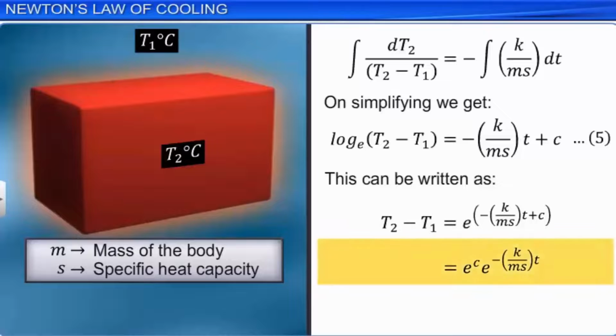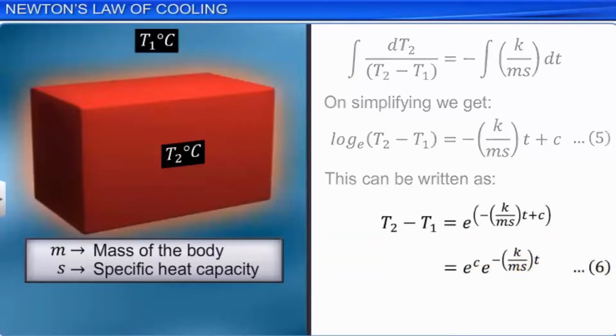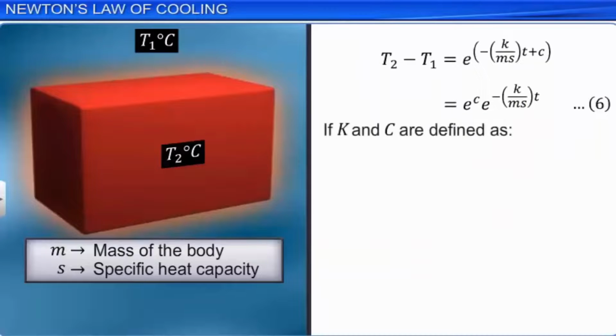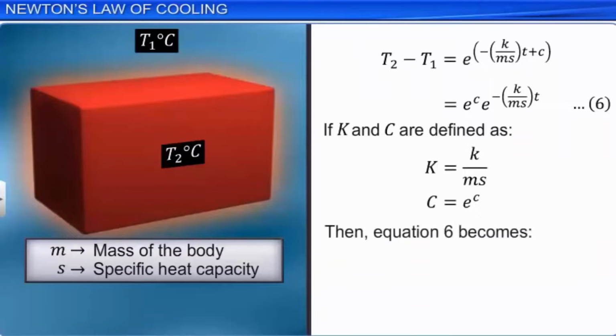If we define k equal to K by m s and C equal to e raised to the power C, then equation 6 becomes T2 minus T1 is equal to C into e to the power minus kt, or T2 is equal to T1 plus C into e to the power minus kt. Let this be equation 7.